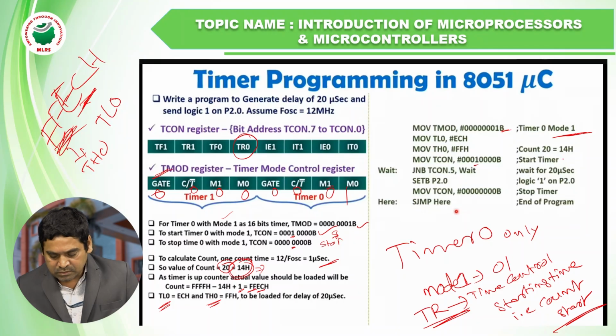to start the count of the timer, giving 1 so that TR0 equals 1.